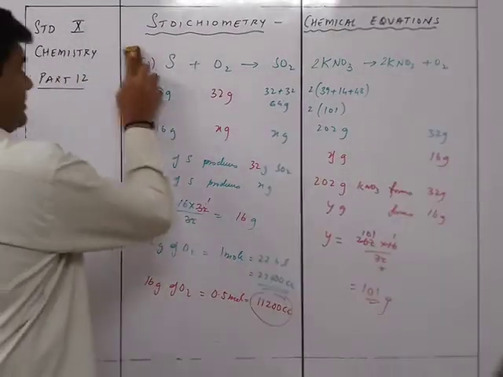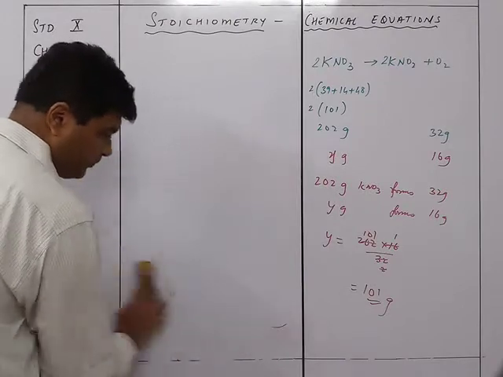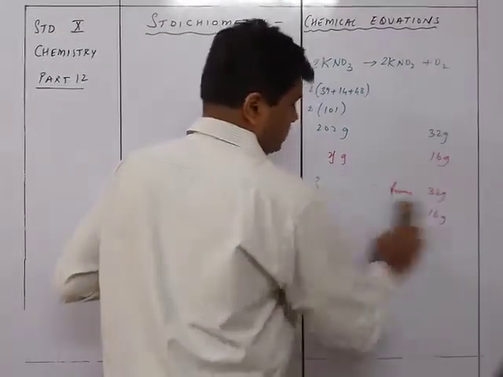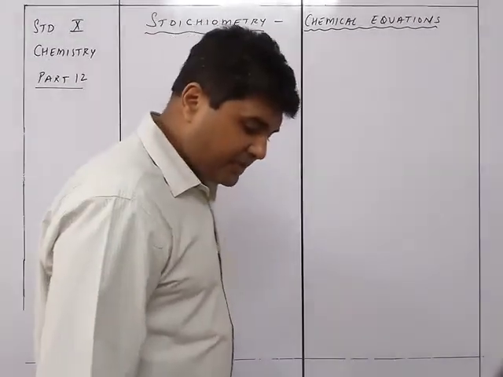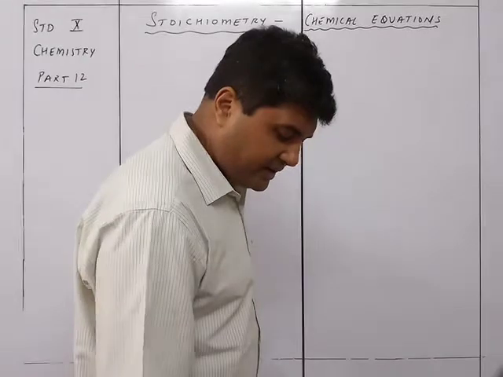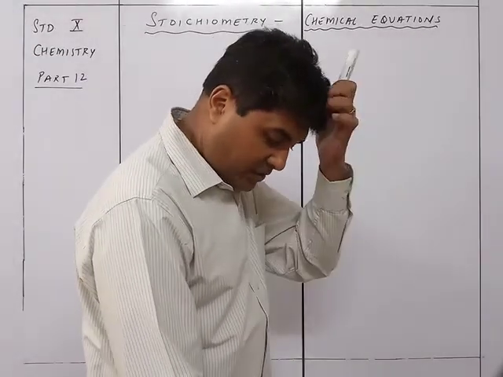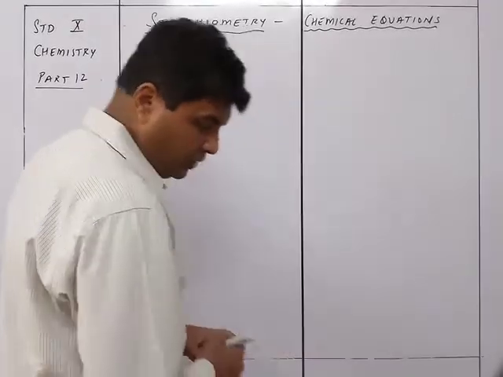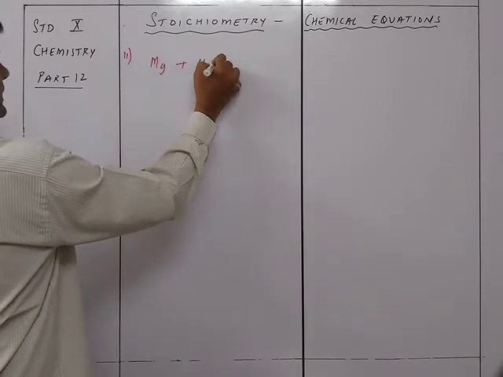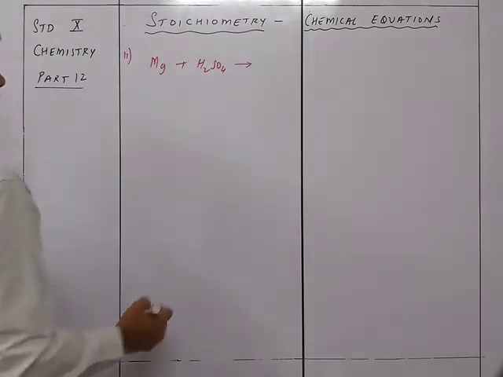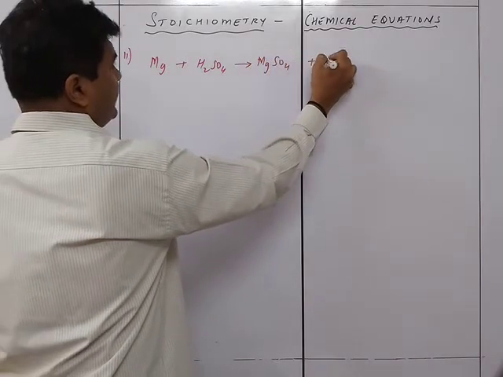We see the last sum, that is sum number 11, the last sum of the chapter, stoichiometry. A sample of impure magnesium is reacted with dilute sulfuric acid to give a respective salt and hydrogen. So first thing over here is Mg plus H2SO4 giving MgSO4 plus H2.